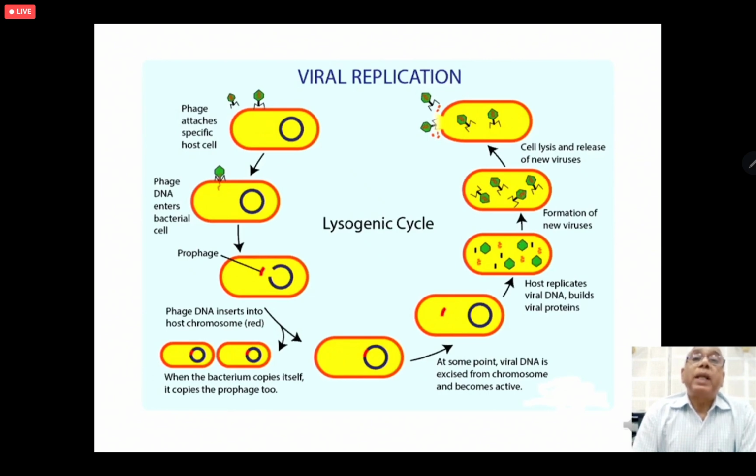But if you look at the lysogenic cycle, the basic difference is that the phage attaches to the cell receptor, enters the cell, and inserts its DNA into the host chromosome. Then the host divides, the phages proliferate, and the cell ruptures and they are released to kill the bacteria.